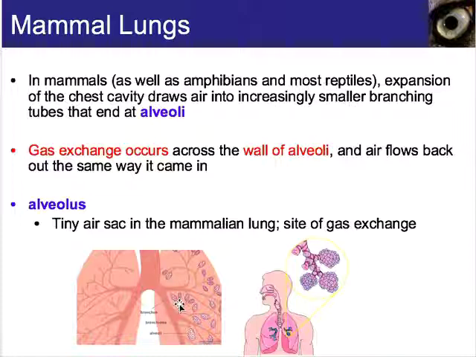But at the very end are these little berry-like things, and they're called alveoli in plural, or an alveolus, which is just one of these. They're tiny air sacs in the mammalian lungs, and they are the site of gas exchange. So this is the site where red blood cells will pick up oxygen and release CO2 in the lungs. So please know that alveoli, or alveolus, are the tiny air sacs in your lungs where gas exchange actually occurs.